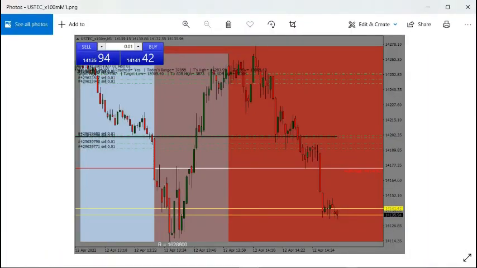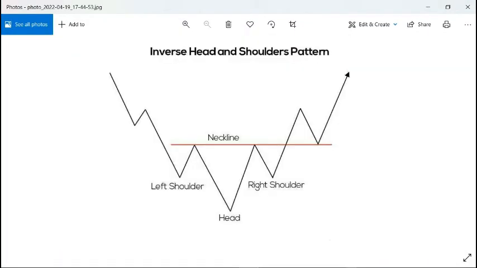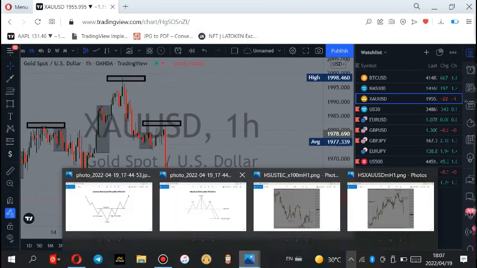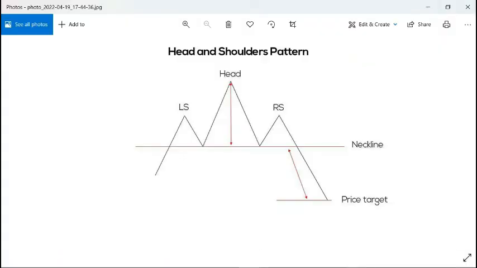There's something I want to show you here. So this is the inverse head and shoulder, where we have our left shoulder here, the head, and the right shoulder, and then we have the head and shoulder pattern, left shoulder, head, right shoulder.